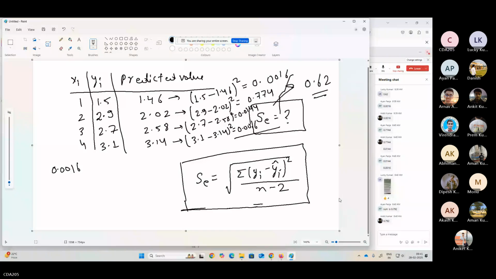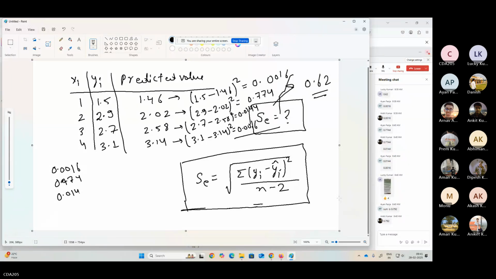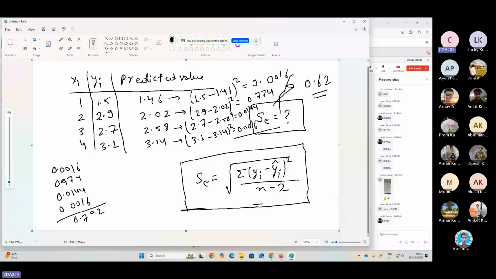Okay. So its value, when we sum this, is coming 0.792, and finally we can put the value, that is the summation of 0.792 by n minus 2, that is 2.